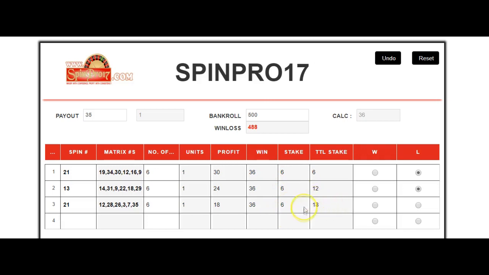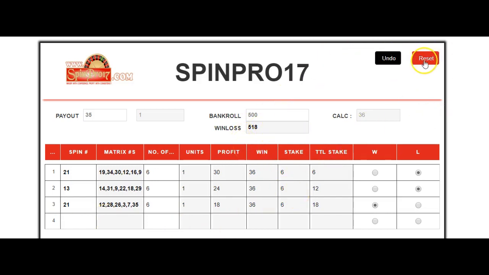You only spent a total of $18 on this, compounded with that. Now, let's assume that this one wins. It did win. You click on win, look at your bankroll. You're ahead $18 in less than a couple of minutes. That's it. Simple as that.